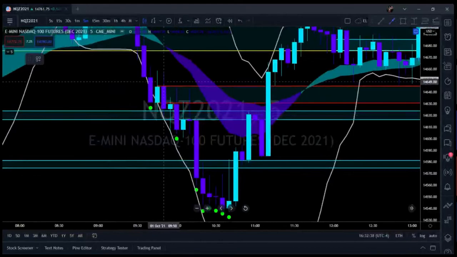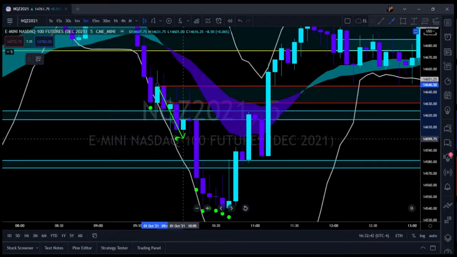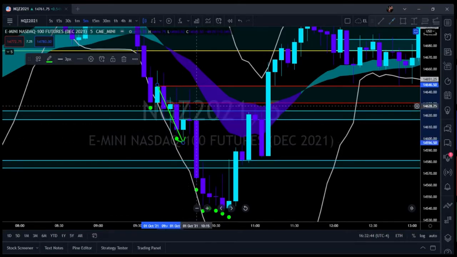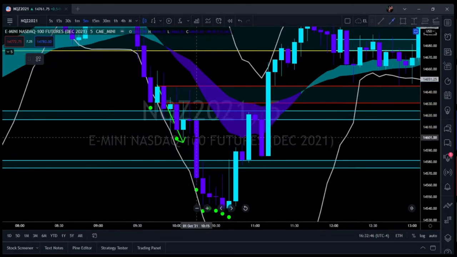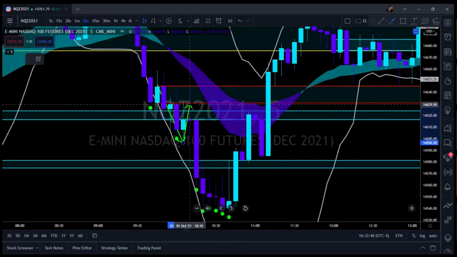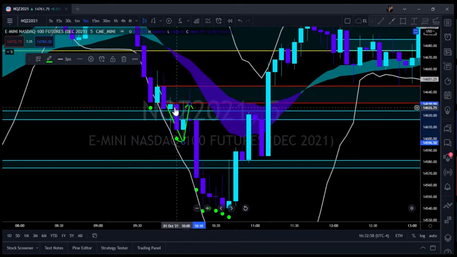So the over-under setup, back to her here, would be something like this right here. You'd want to see price come down. You'd want to see price come back up. That's a potential over-under setup right there. I wouldn't have took that one right there because it was a lot of busy stuff going on right here.